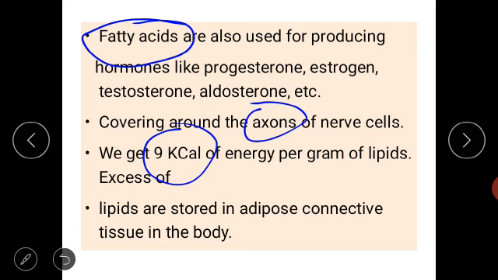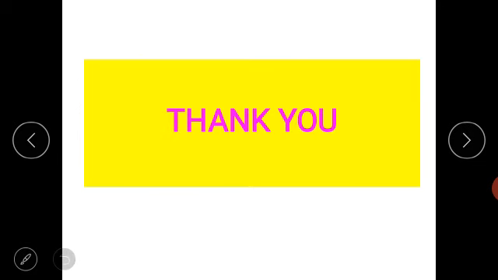Lipids are stored in the adipose connective tissue in the body, and it also acts as an insulator for the body, which protects from the cold weather, because heat of our body is not lost out of the body. So that is the function of the lipid.